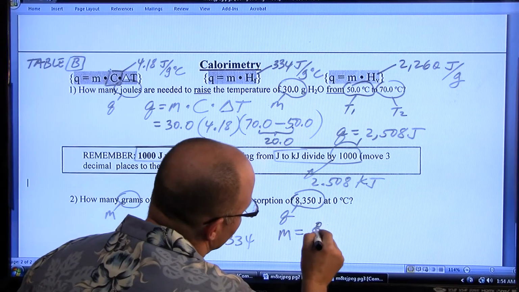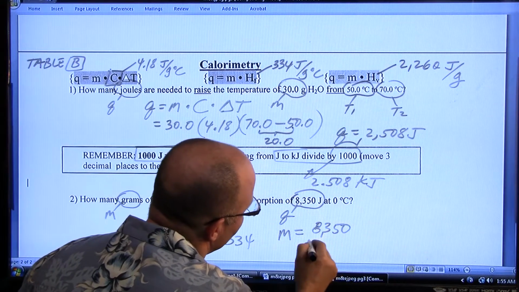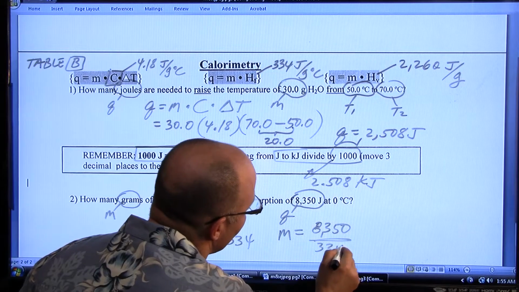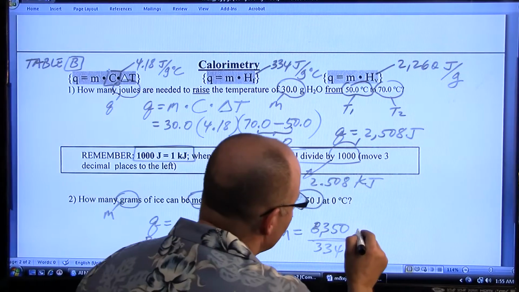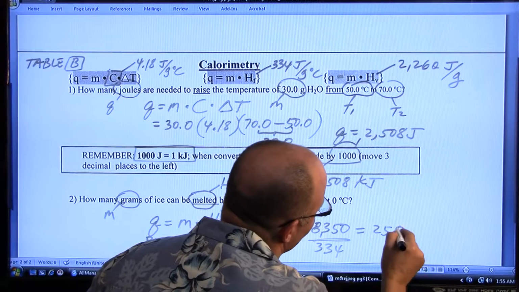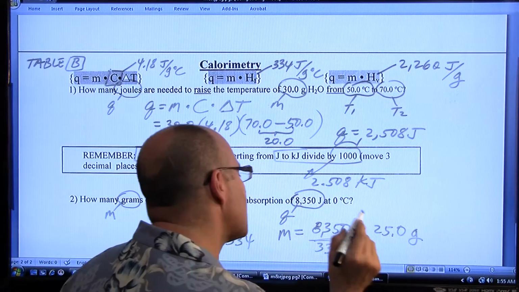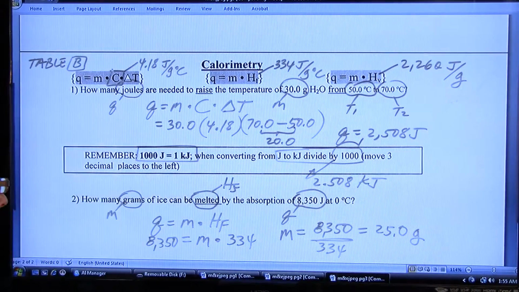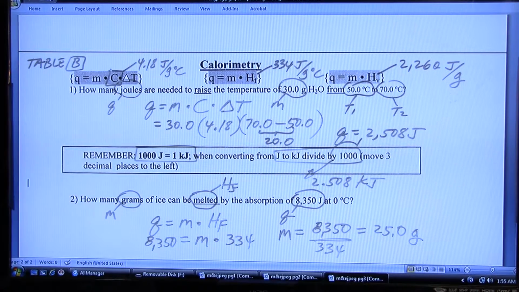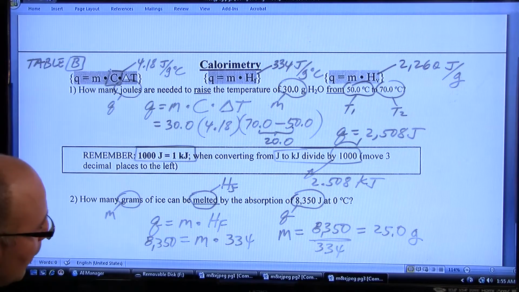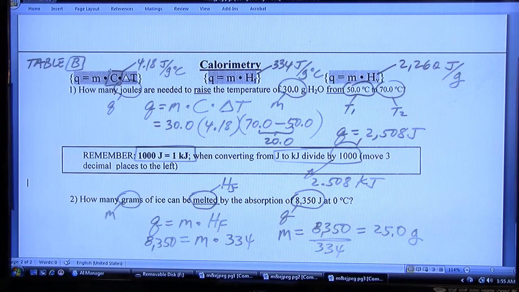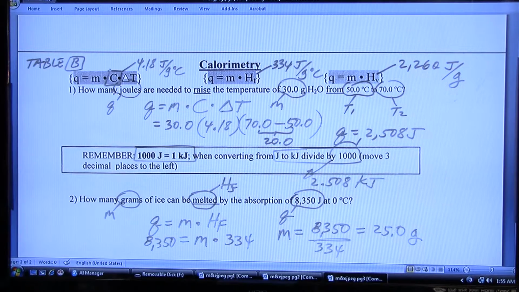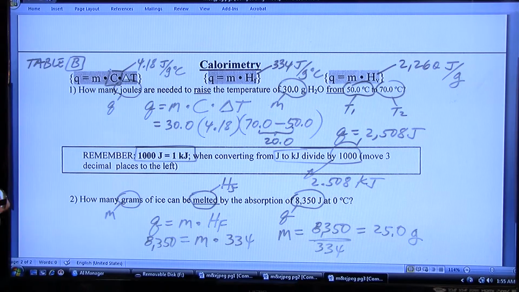So M is 8,350 divided by 334. You'll get from this 25.0 grams. So always include the unit in your final answer. By the way, if this were a problem that involved freezing, you would still use the heat of fusion, except in the case of freezing, the energy is being released to the surroundings instead of absorbed by the substance.